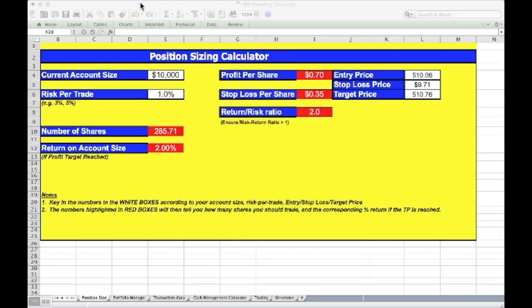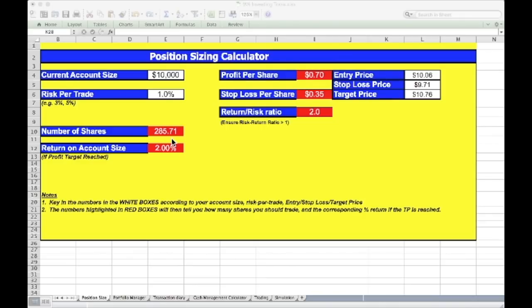So this is the position sizing calculator that I'll make available for download on my website. Let me just show you how it works. What you do is you key in the boxes in white over here, 1, 2, 3, 4, 5, and it will calculate the number of shares that you go long or short based on your trade.